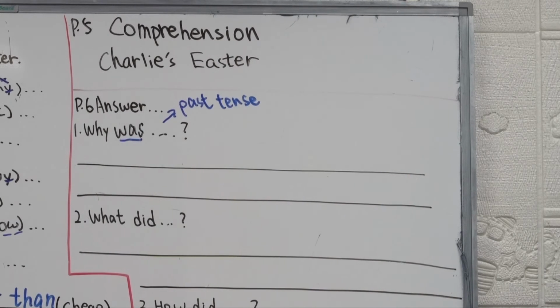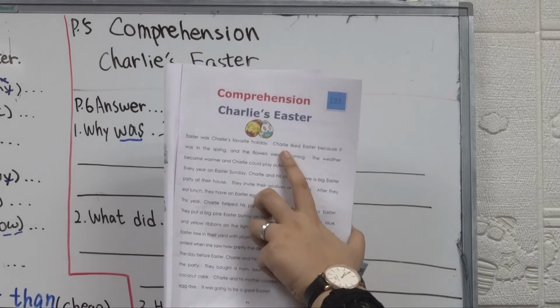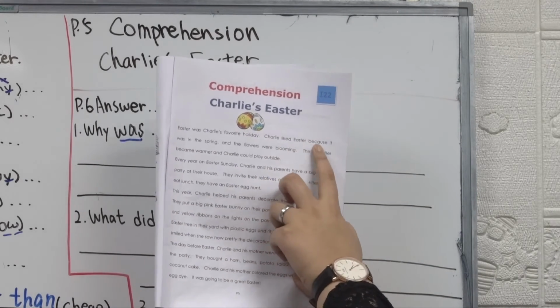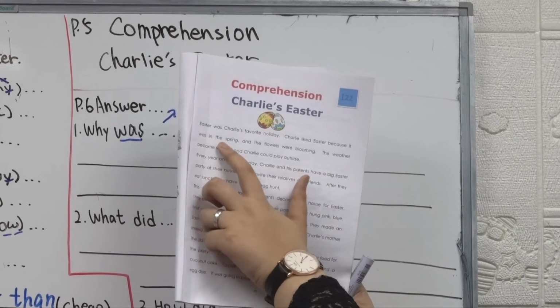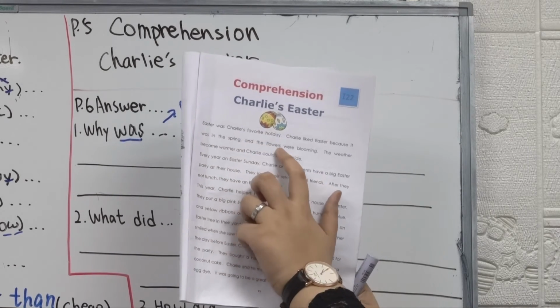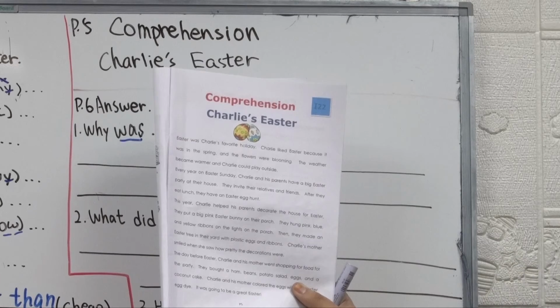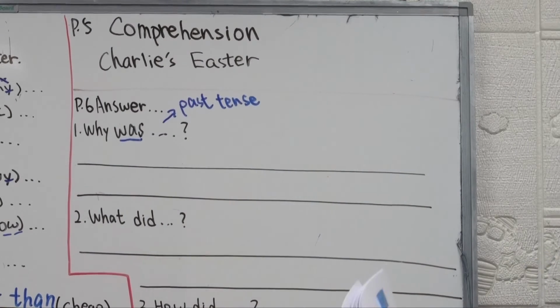Charlie liked Easter because it was in the spring and the flowers were blooming. Wow, the answer is in front of you, right? Yes, so it's here. So the answer is in front of you.